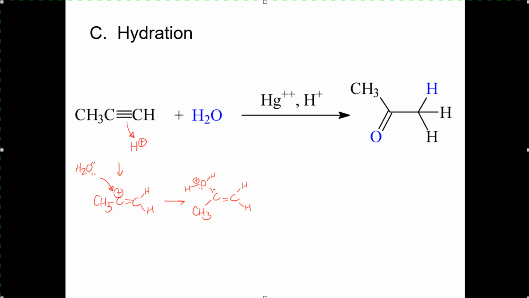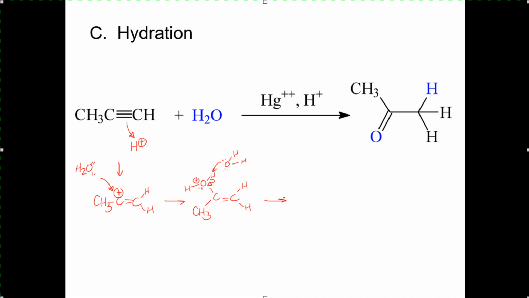So far nothing's new. I've added my water to the carbocation, and then another water is going to catch the hydrogen as the pair of electrons goes back to the oxygen.